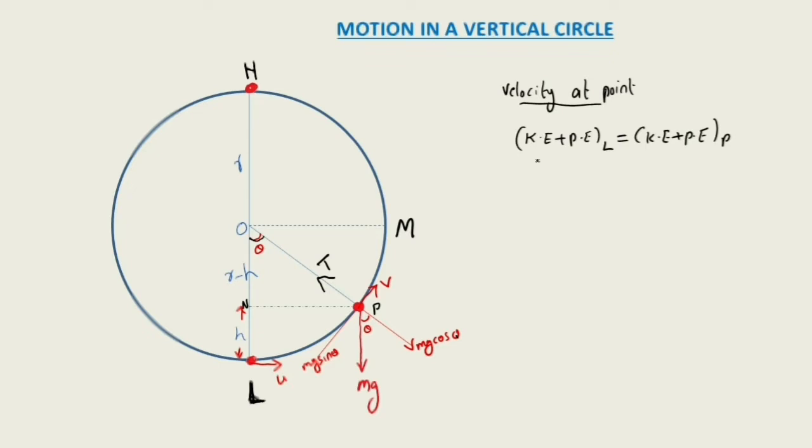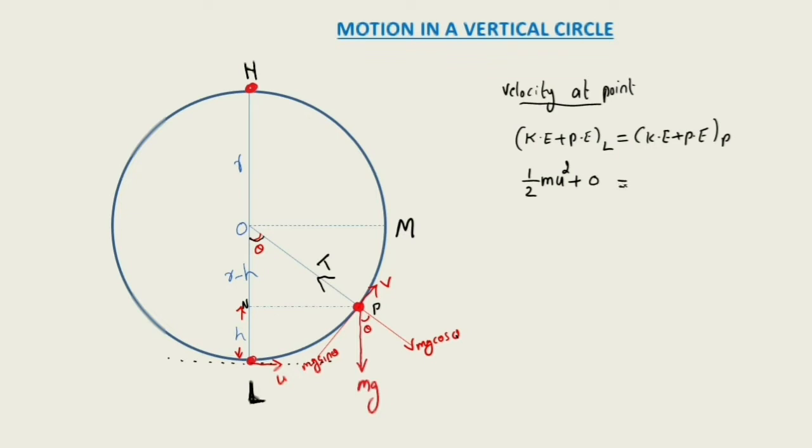Now what is the kinetic energy at the point L? We can write it as half into m into u square, because the initial velocity u is given. So half m u square plus the potential energy. If you consider the lowermost point as the reference point, we can take the potential energy as 0.